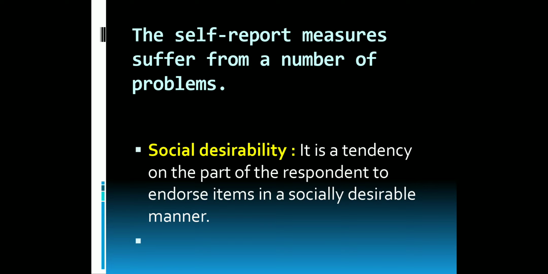And if your teacher has read this answer that you don't respect teachers, it may reflect badly on your case. So if you are consciously trying to appease the teacher, you will write down the socially desirable answer, that is, I respect the teacher, and you may not respect the teachers. So this is the social desirability factor.